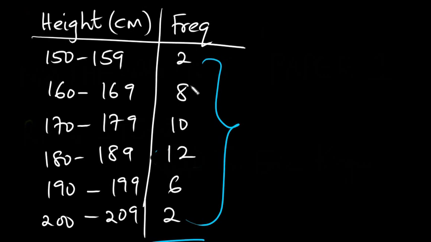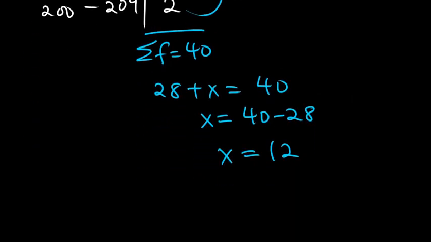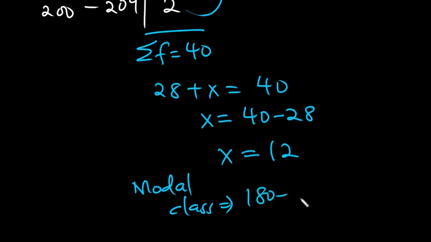From this table, I can see that this class, that is 180 to 189, has got the highest frequency, which is 12. So the modal class is 180 to 189.